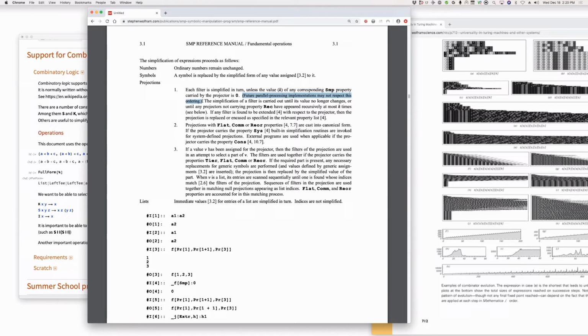Okay, that's an amusing thing to have written in 1980. Future parallel processing implementations may not respect this ordering. We still don't have that, even now, 40 years later. Okay, until any projectors not carrying the property rec have appeared recursively at most k times.